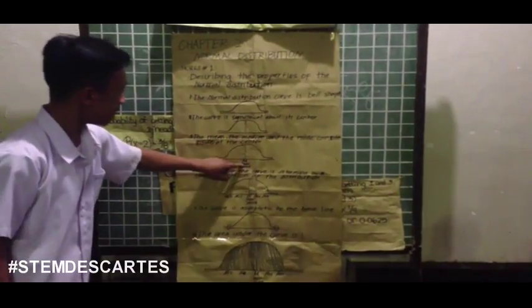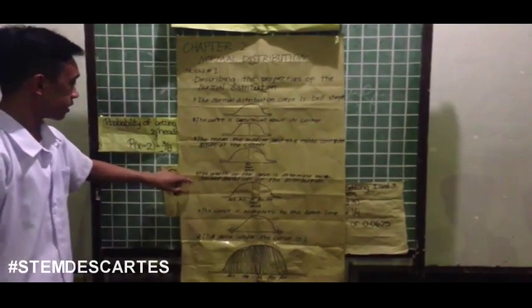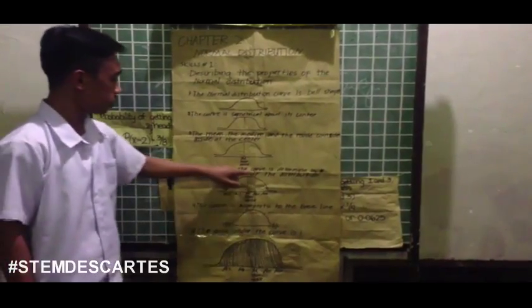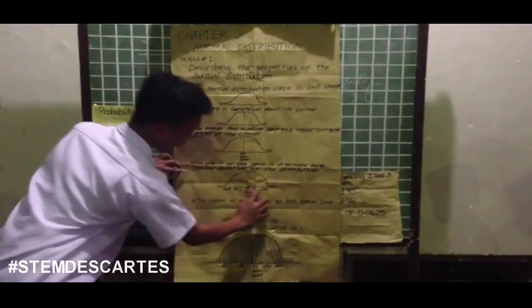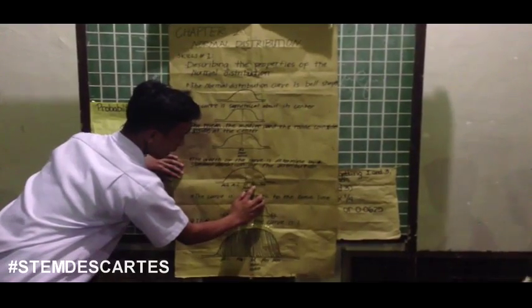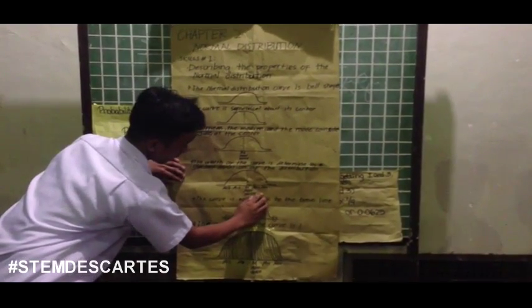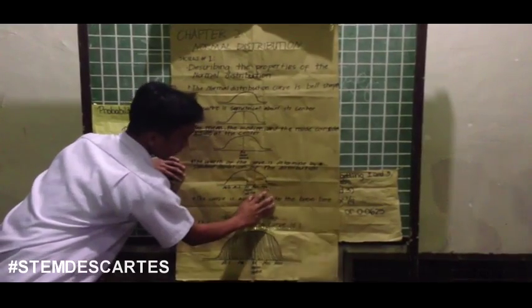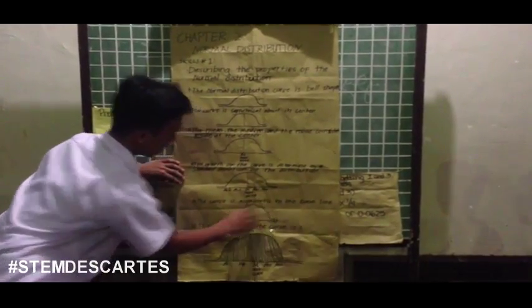Third property, the mean, the median, and the mode coincide at the center. The fourth property, the width of the curve is determined by the standard deviation of the distribution. So at the right side, mean plus 1 standard deviation, and then mean plus 2.